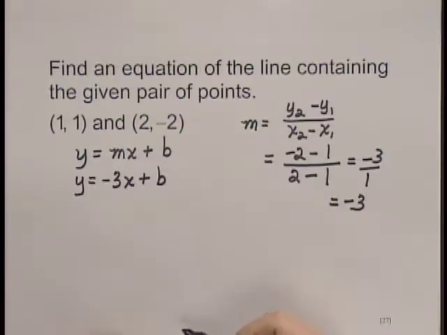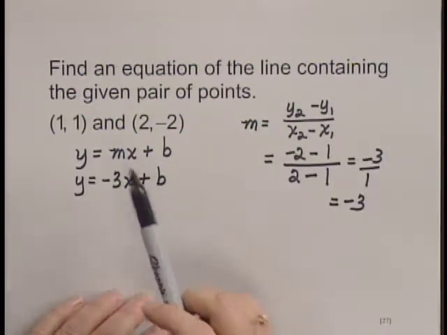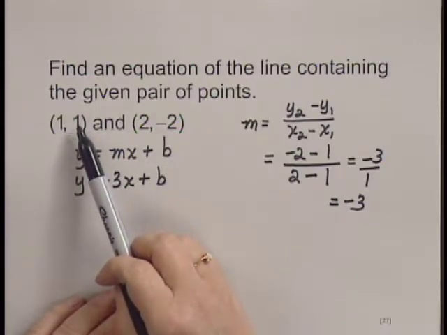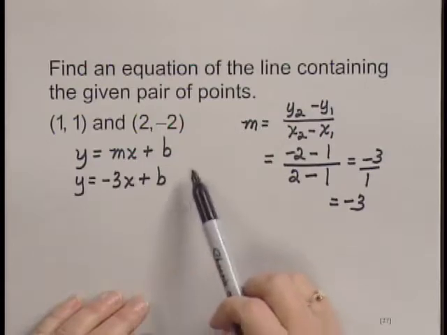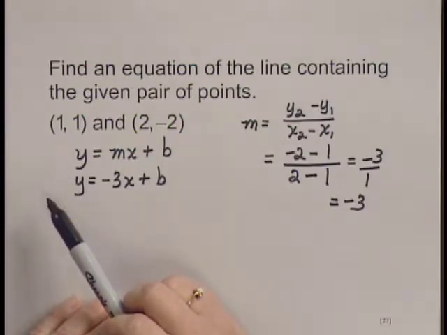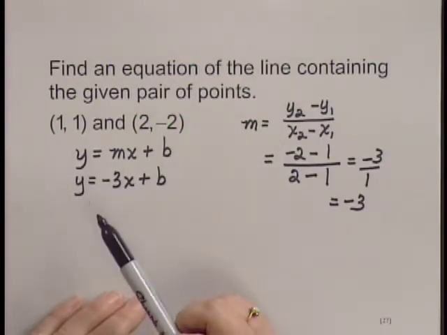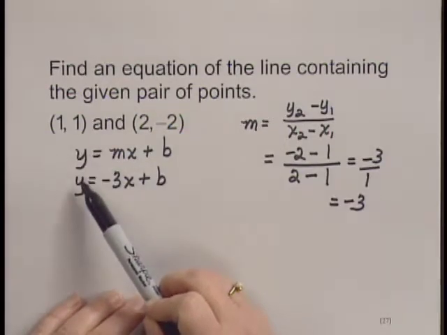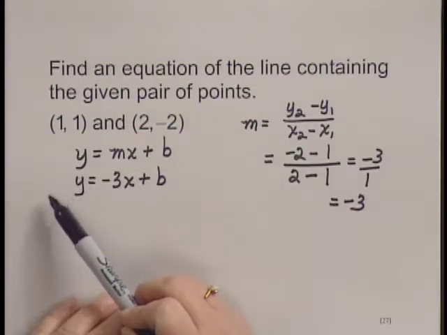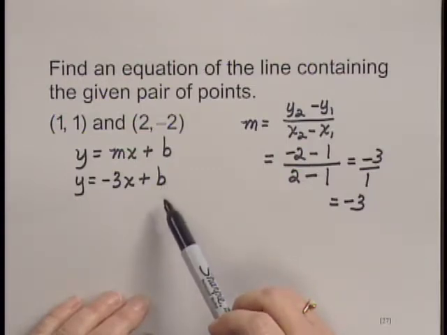Now I need to find b. Well, in order to find b, I need to think that the points (1, 1) and (2, -2) are going to make this equation true. They're on this line. So in particular, I can substitute 1 for x and 1 for y, and I should be able to then solve for b.